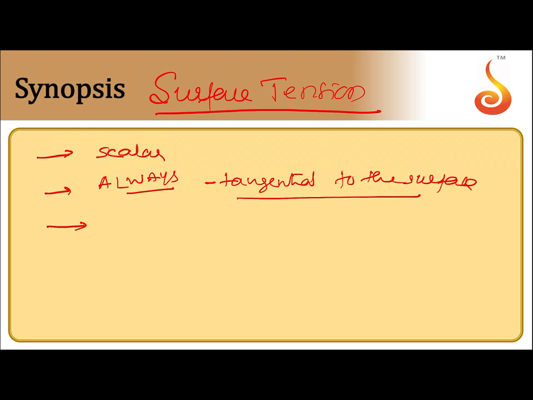Whenever the surface area of a liquid increases, the molecules from the interior of the liquid rise to the surface. So, work has to be done against the downward cohesive force.